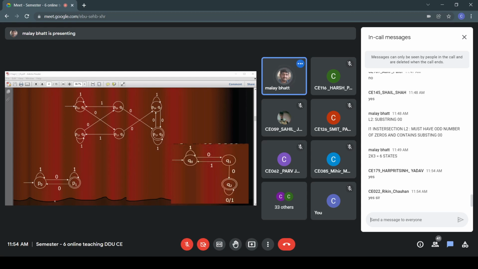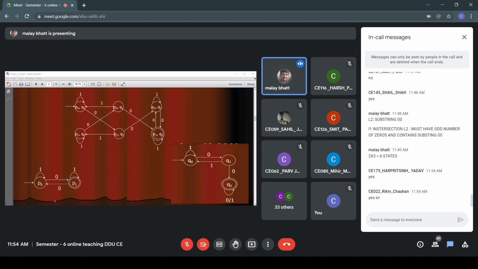Now we can see a string which is valid only in the first one, like an odd number of zeros: 0, 1, 0, 1, 0.